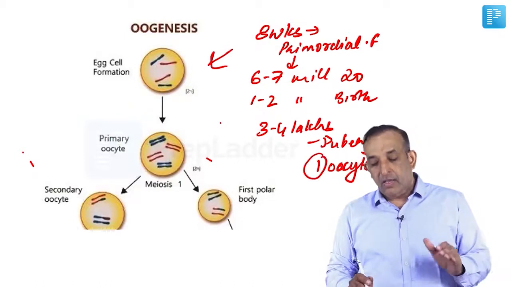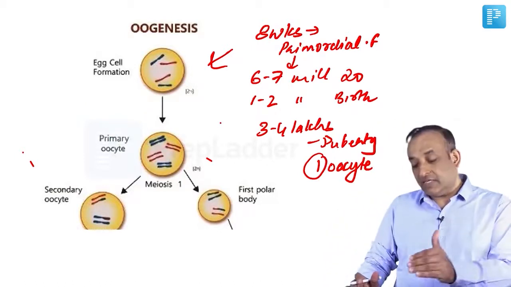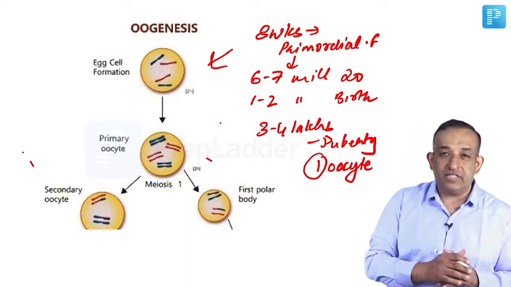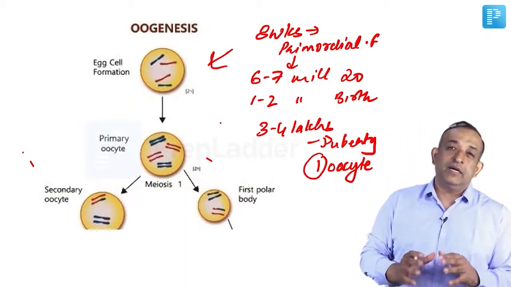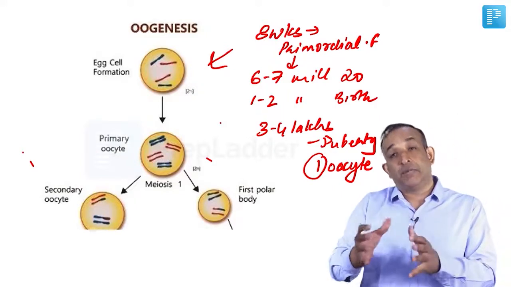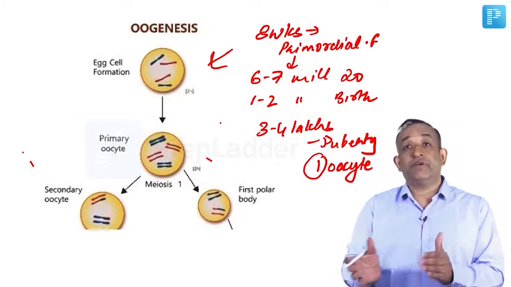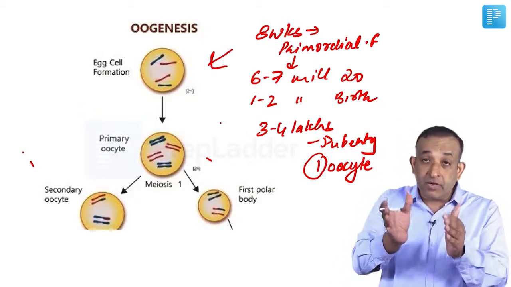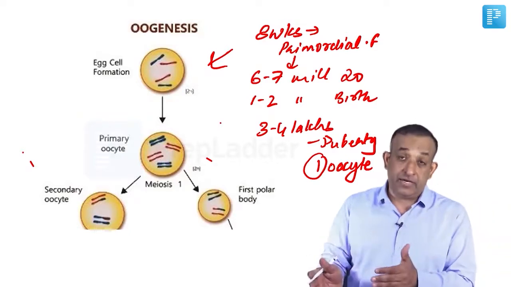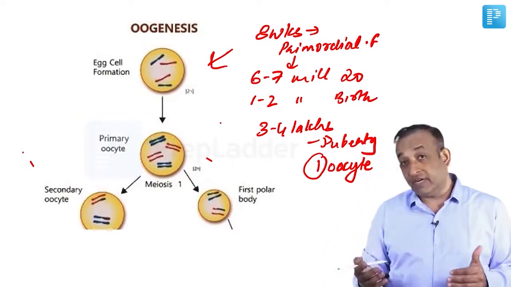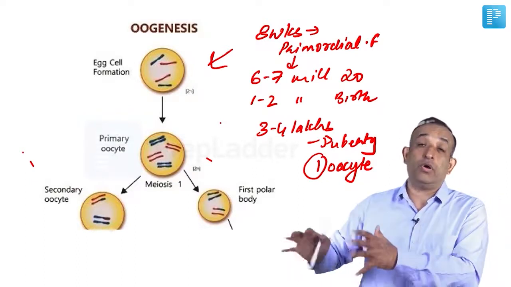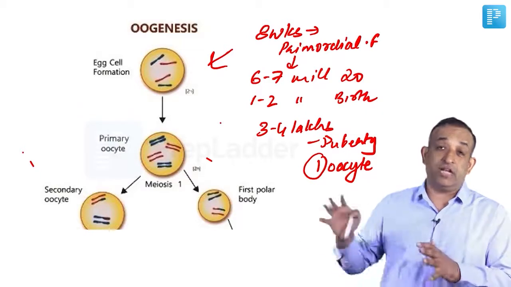What we must understand by this story, which was already discussed with you in the chapter of menstrual physiology in this app, and I am just revising here, is that from 8 weeks of intrauterine life onwards the primordial follicles are made, and after 20 weeks these primordial follicles only keep reducing. From 1 to 2 million at birth, only 3 to 4 lakhs remain at puberty, and every month only 1 will be released, and there will be a lot of atresia of oocytes throughout the life of this girl.